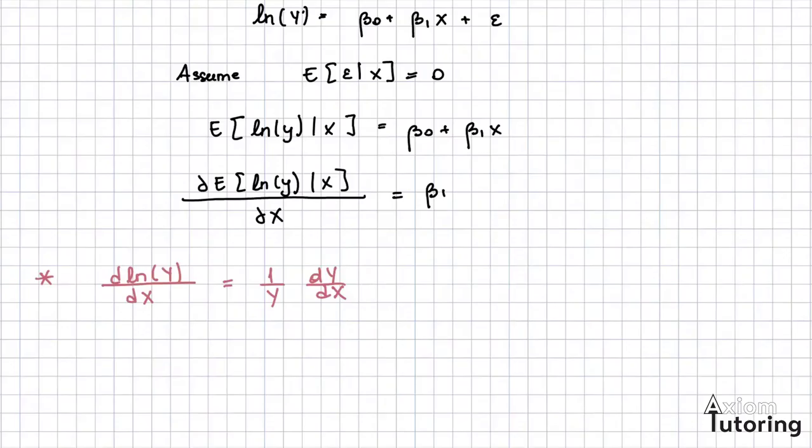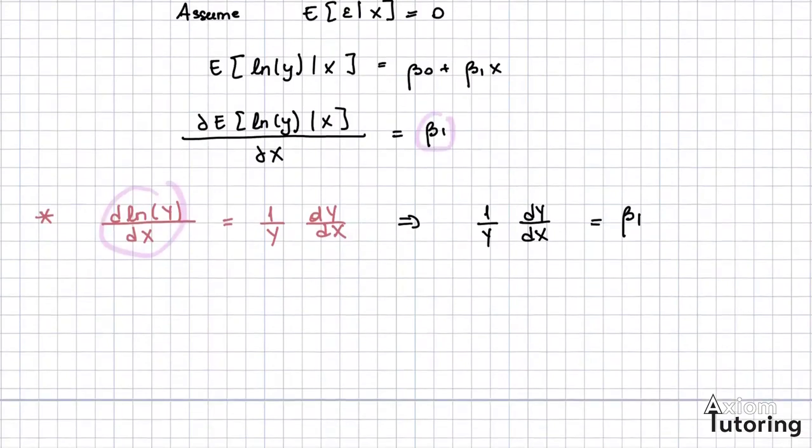So from here, we can write that 1 over y dy over dx, which we already know is beta 1, should be equal to beta 1. And if we multiply both sides by y, then we get dy over dx equals beta 1 times y.